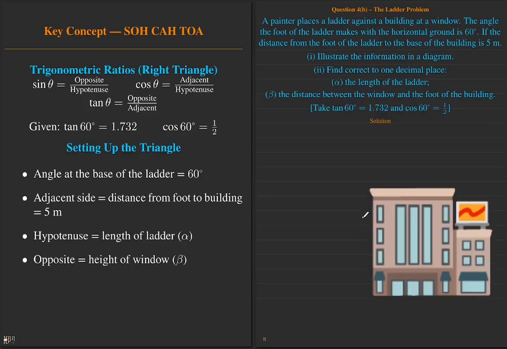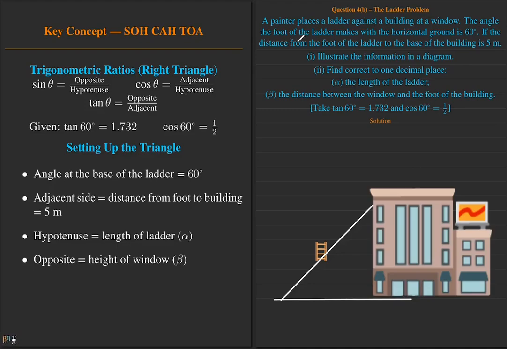If this is the window he placed it on, then I'm just going to draw a ladder here. So this is going to be my ladder, the ladder he has placed on the window. Now, since this is the ground, we'll just add another line here to show that that is the ground.